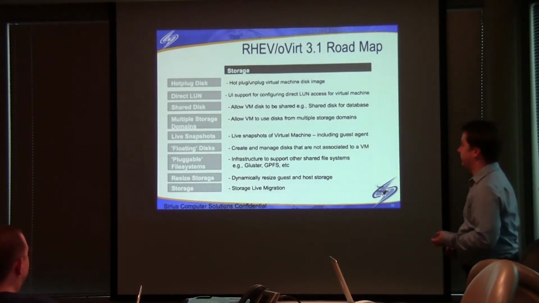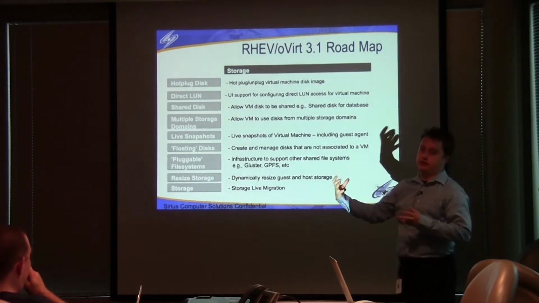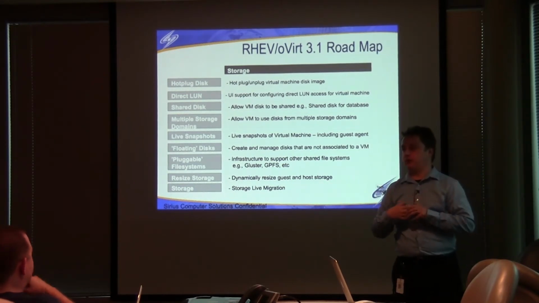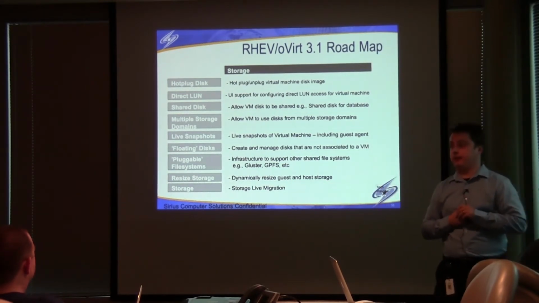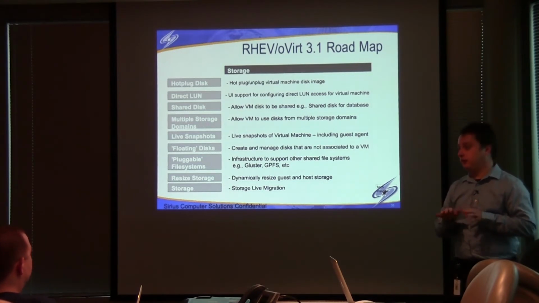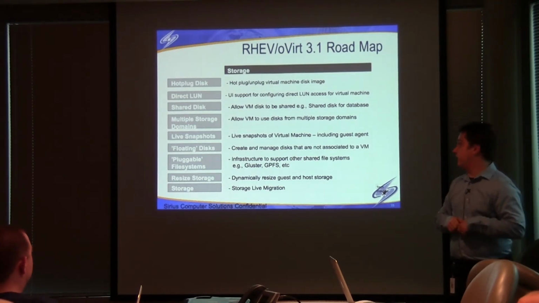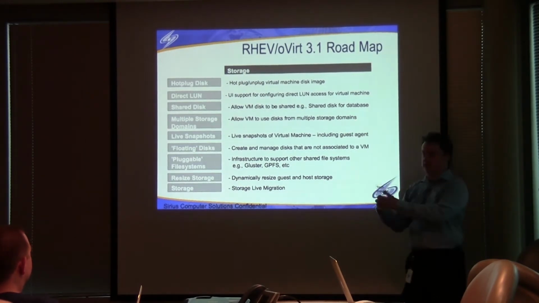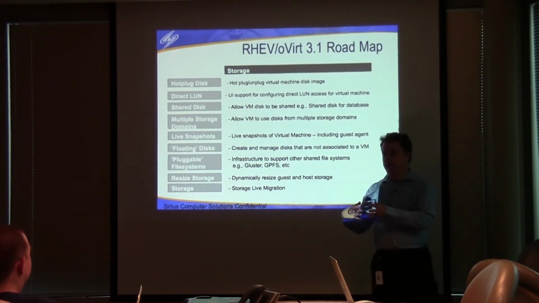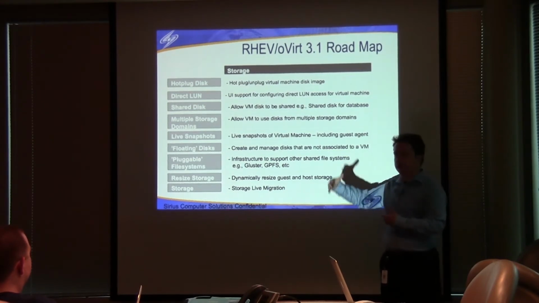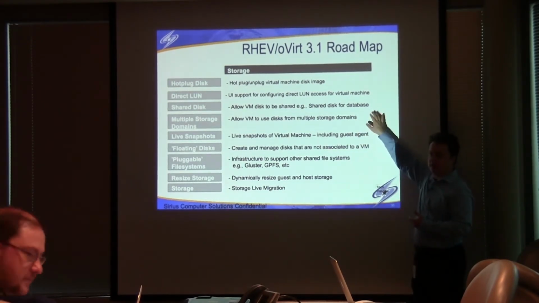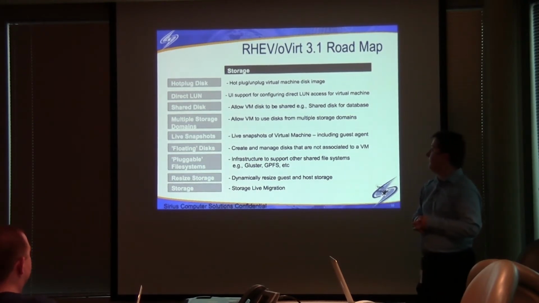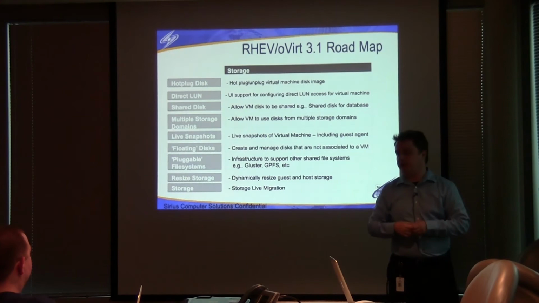Hot plug disk, direct LUN, so you can directly attach an iSCSI LUN or a fiber LUN to a virtual machine in the UI. You don't have to do it inside the VMware. It's something very similar to this. You do shared disk, or instead of direct attach disk storage, you can use a virtual disk.